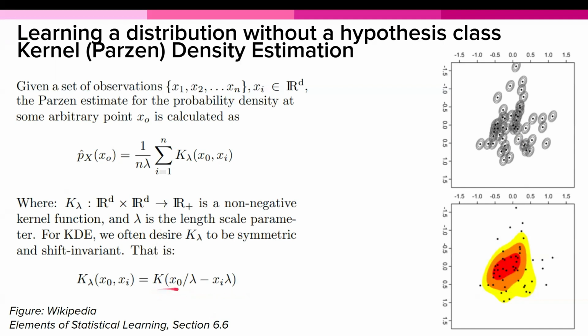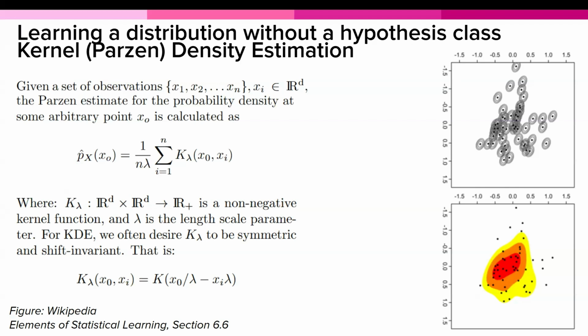The output of the kernel function depends only on the difference between the query and the sample scaled by this length scale parameter. And in order for this estimator to represent a true probability density function, the area under the curve of the kernel function must sum to 1, and it must be non-negative. A common choice is the Gaussian kernel.